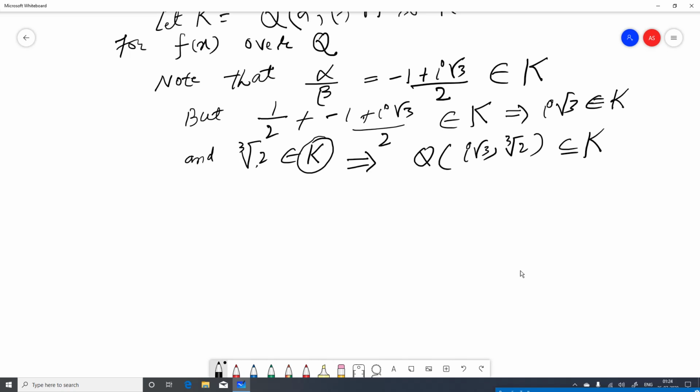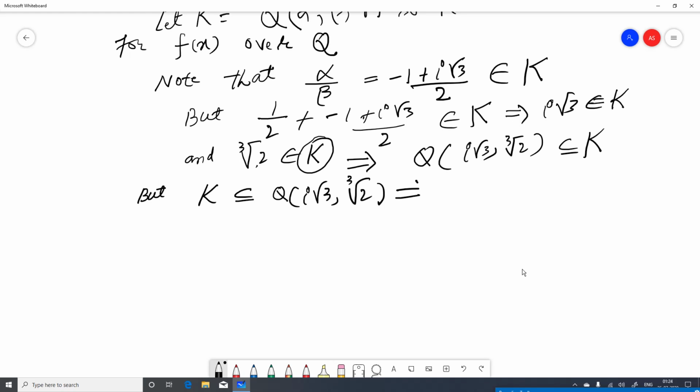The reverse inclusion is also clear: K is clearly contained in Q of i square root 3, cube root 2.